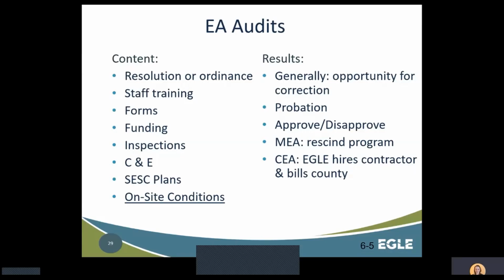The enforcing agency's program can be put on probation until the issues are corrected and we can approve the program. With MEAs, Eagle can disapprove the program and the MEA will have to rescind the program. If dealing with a CEA, Eagle can get someone qualified to administer the program at the expense of the county, since the legislature requires every county have an enforcing agent.